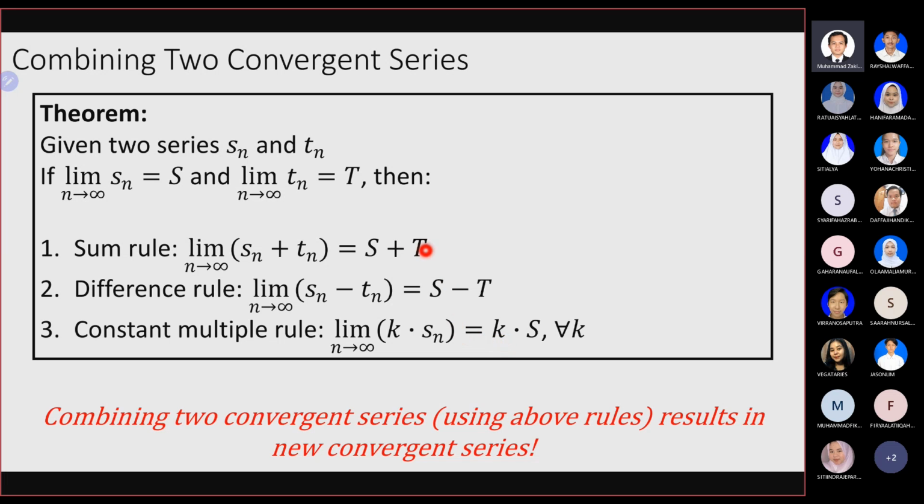Dan dari sini kita dapatkan bahwa dengan mengkombinasikan dengan cara penjumlahan atau pengurangan, atau kita kalikan dengan sebuah konstanta, kalau kita punya 2 deret, kemudian kita kombinasikan dengan salah satu atau gabungan dari 3 aturan ini, maka kita akan mendapatkan deret baru yang juga konvergen.